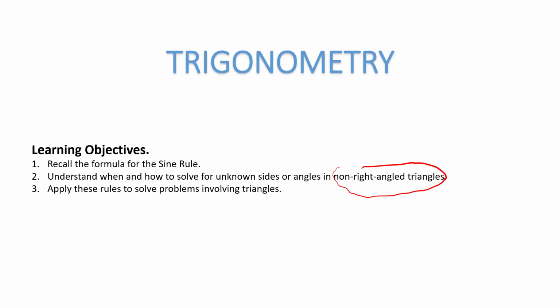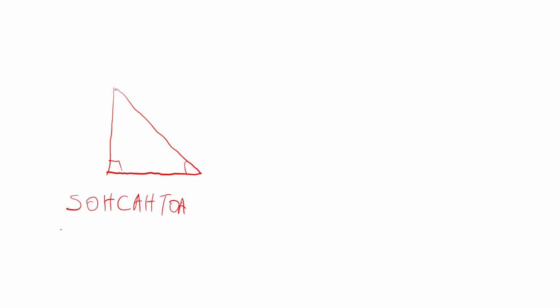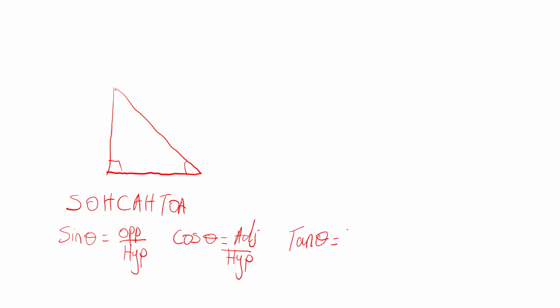Now, pay attention to the words non-right angled triangles. We are familiar with finding the sides and angles of a right angled triangle using trigonometric ratios, SOHCAHTOA, where sine theta is opposite over hypotenuse, cos theta is adjacent over hypotenuse, and tan theta is opposite over adjacent.